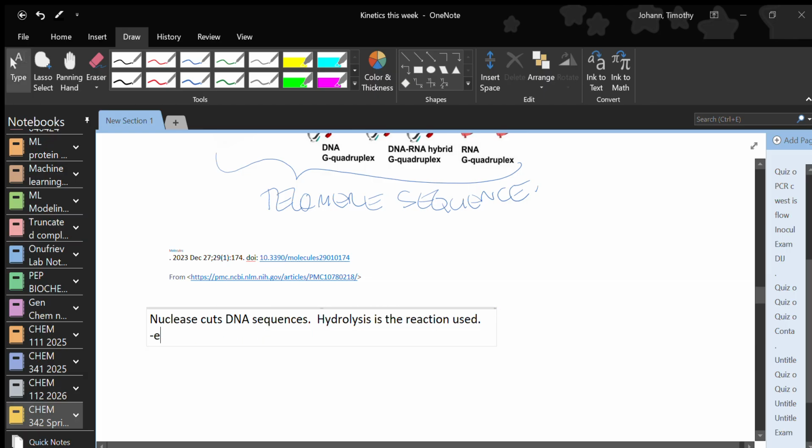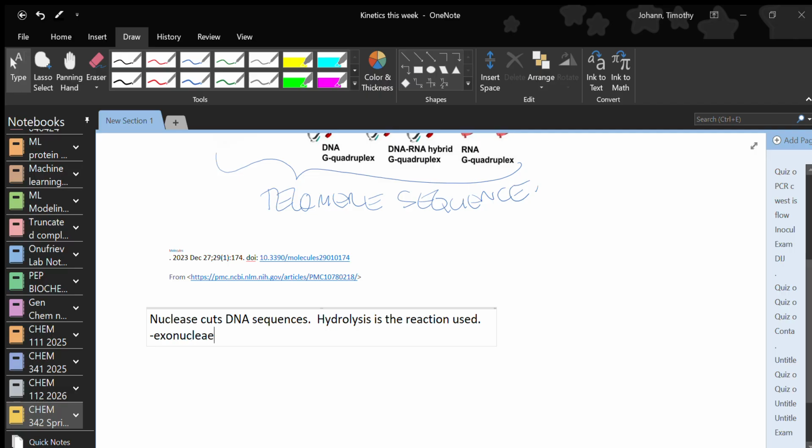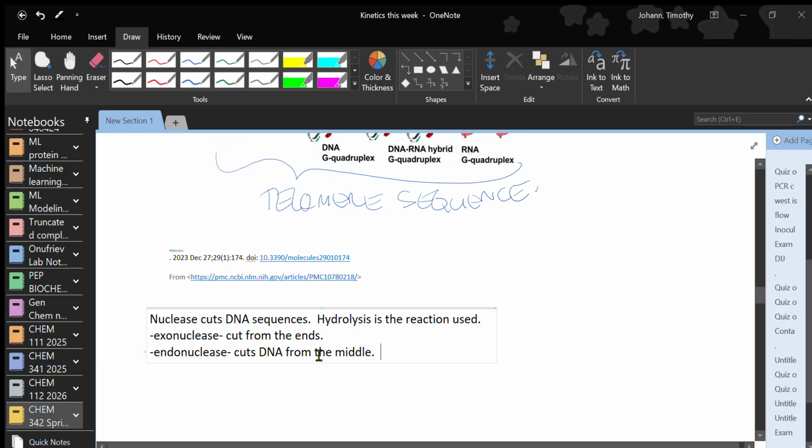We have exonucleases, which cut from the ends, and we have endonucleases that cut in the middle.